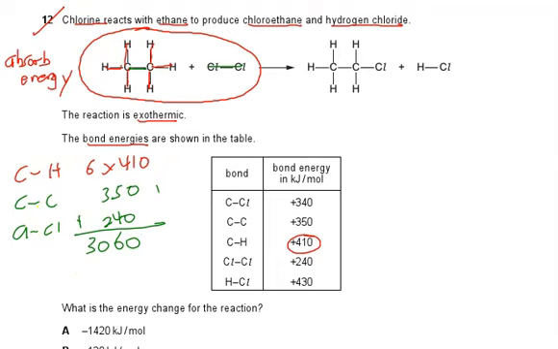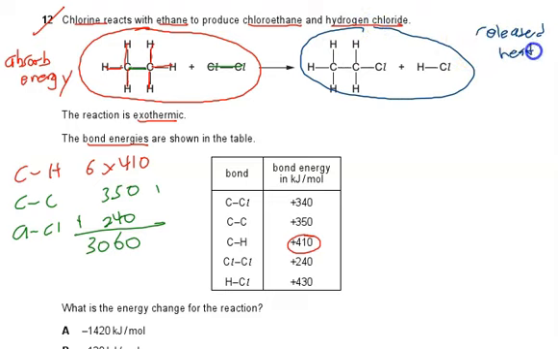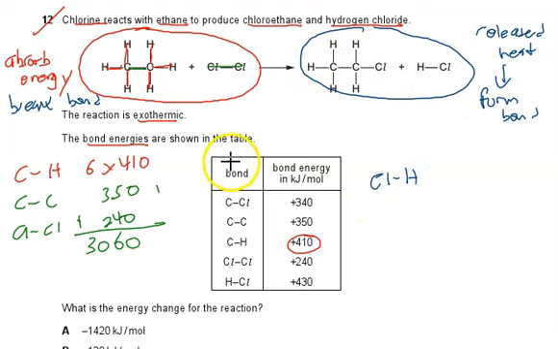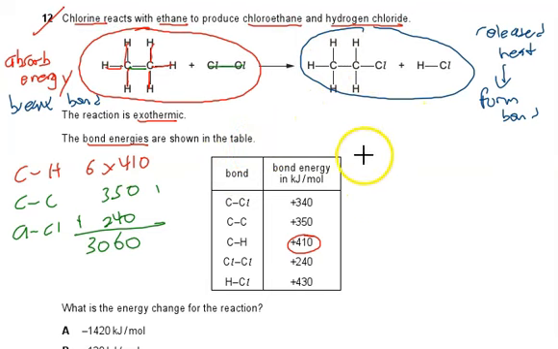Same thing, we are going to do it at this side, but this side is different. They will release the heat to form the bond. This is to break the bond, which is endothermic, and here will be releasing the heat to form the bond. So here we have, sorry, this is carbon and hydrogen.